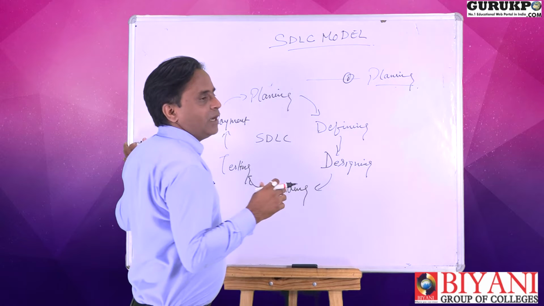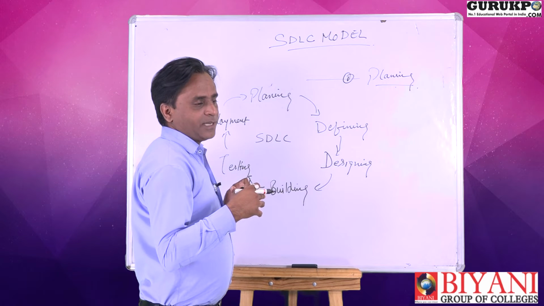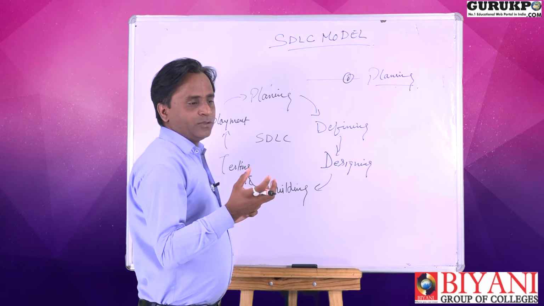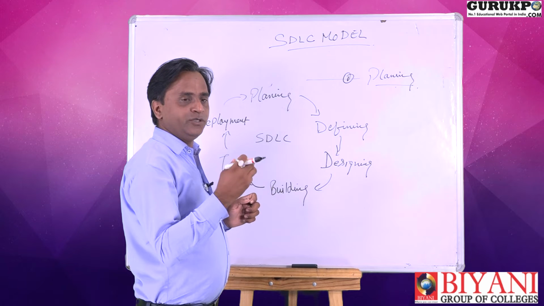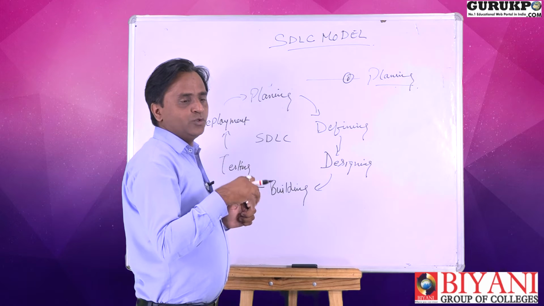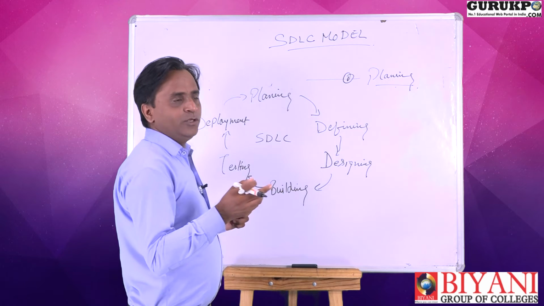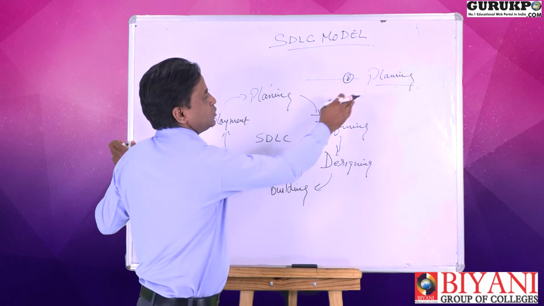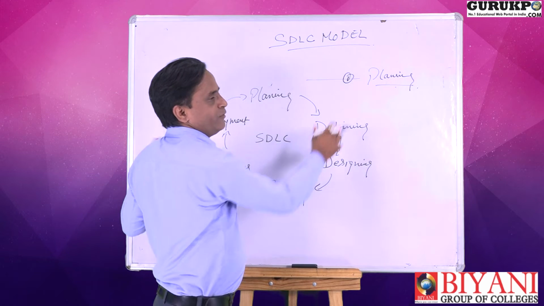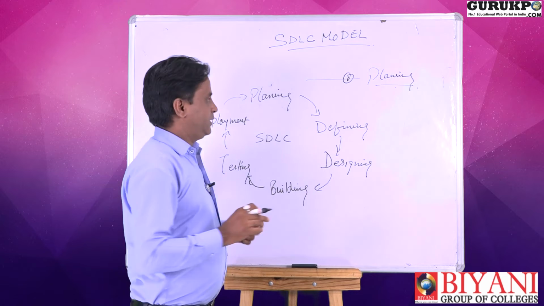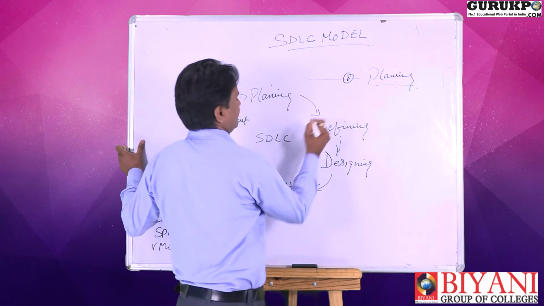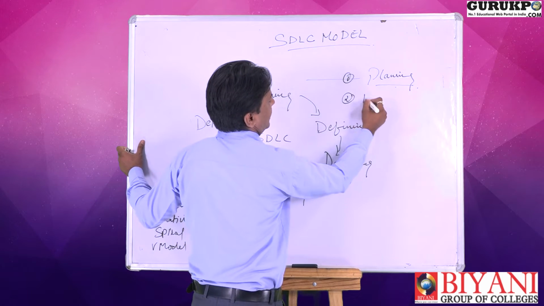Planning means describing our software: what we need, what is required, which kind of software the user wants, and how it will be useful for the user. So planning is most important for any software or any project. The first stage is planning. Then next is defining.